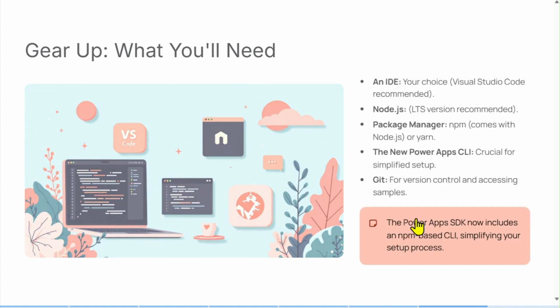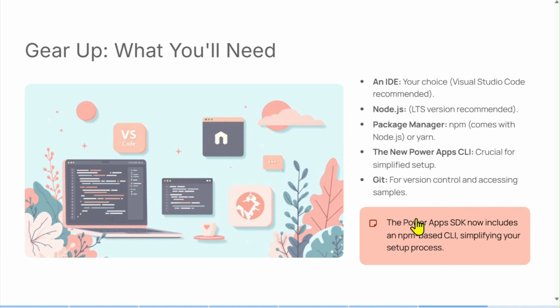Now, let's understand what the prerequisites are. To build an application, you definitely have to have Visual Studio Code, which is recommended, and you need a Node.js LTS version. If not, you can install it through your command line. Then there is the new Power Apps CLI; the old CLI is going to be deprecated.